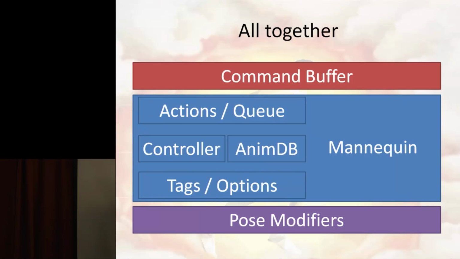The action definitions are the same, the priorities are probably still the same, the tags and the specializations available are the same, I don't have to use all of them, the controller is definitely the same, command buffer doesn't care, the pose modifiers are probably going to be the same, the only thing that changes is the animation database, and that was the guiding philosophy behind CryAnimation.